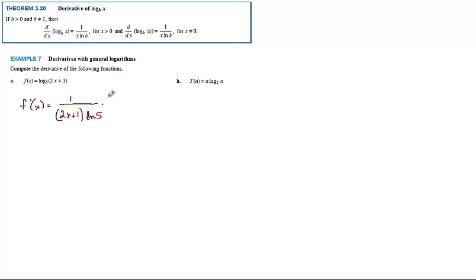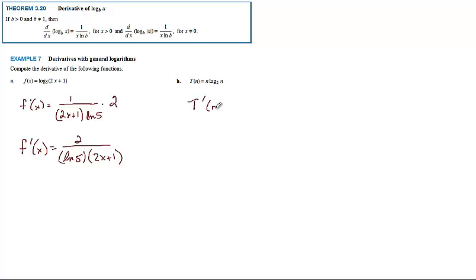Using the chain rule, I would then multiply by the derivative of the inside, which would be a 2. Cleaning this up, f prime of x equals 2 over natural log of 5 times 2x plus 1. Not very pretty, but it is what it is.